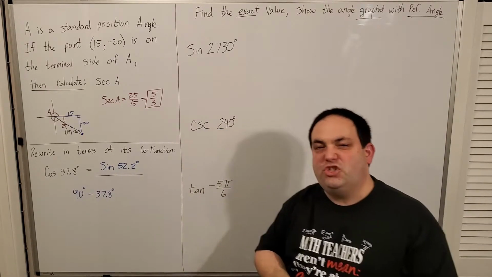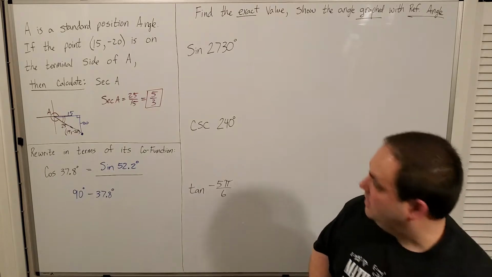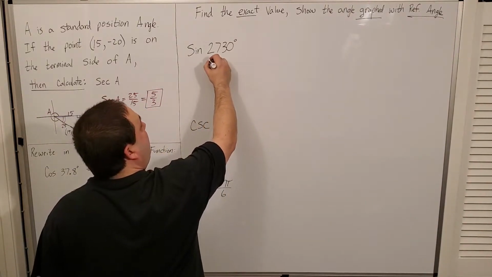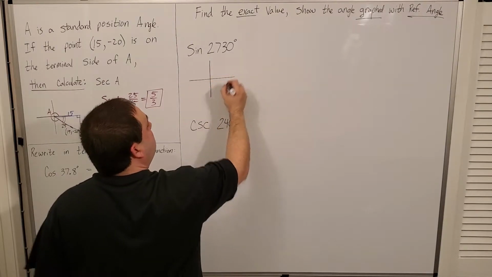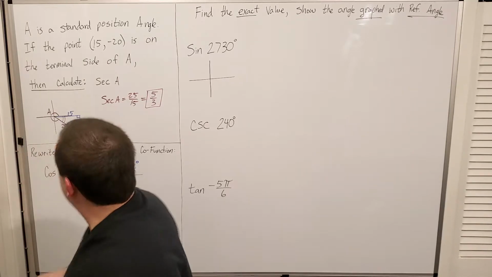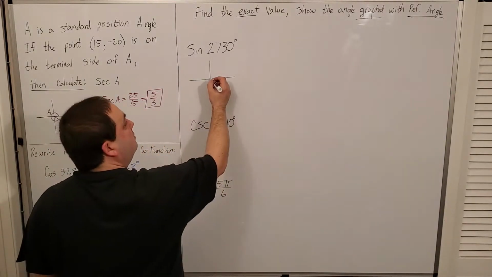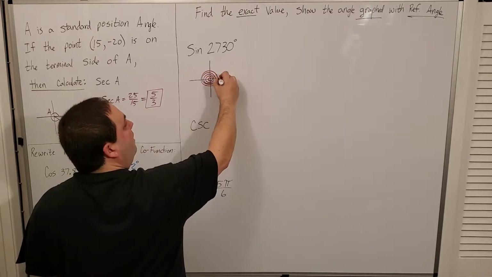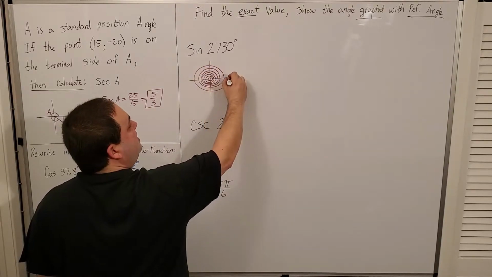So I can already start graphing this thing. Here's what I mean. For 2,730 degrees, I can start graphing this thing by showing that there are 7 full rotations. So 1, 2, 3, 4, 5, 6, 7 full rotations.